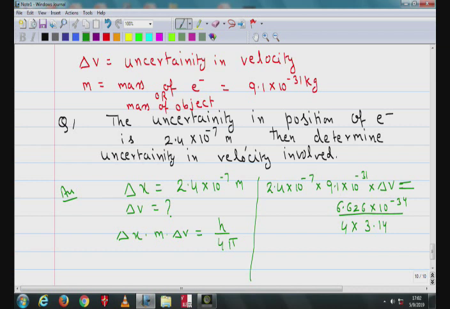Guys, are you solving or not? This question is for you.